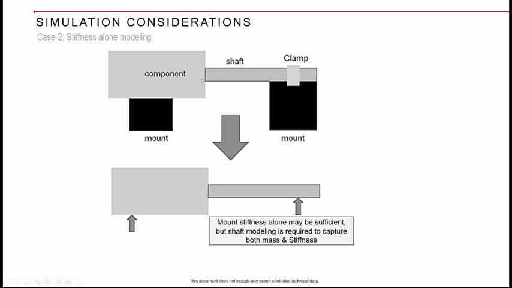The response of the component itself, its mode shape, will be different when I don't consider the shaft and when I consider it. So I have to be careful in considering the shaft in detail, whereas the stiffness at the clamps and the mount can be just either fixed or considered as a clamping stiffness.